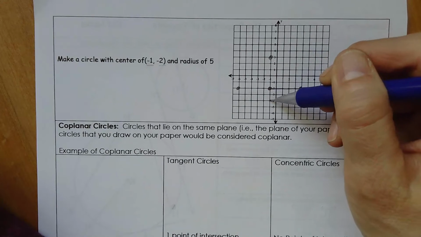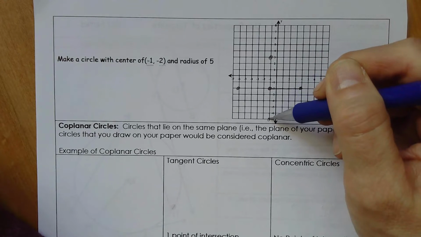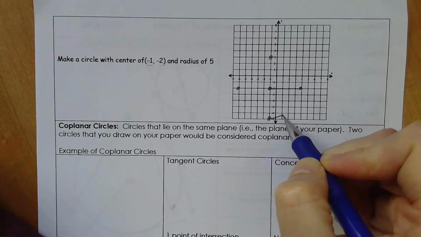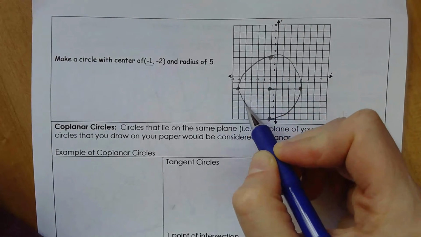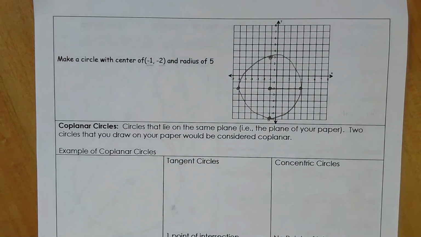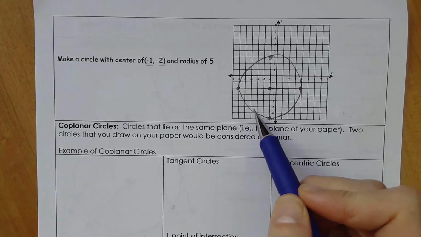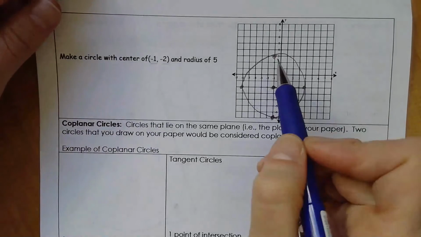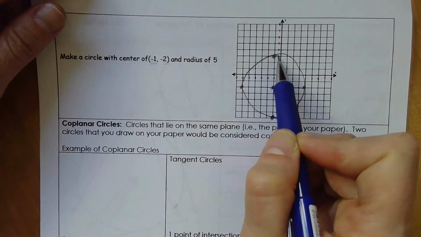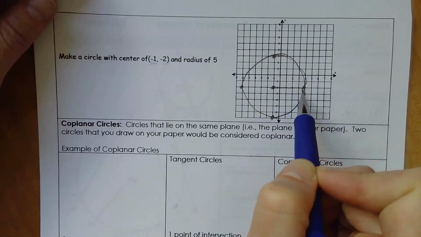Down 5. We'll do our best to make something that actually looks like a circle. A lot of times they look like little diamonds, but there we go. We can't really test the other points that they have a radius of 5, but we have these exact points right here.